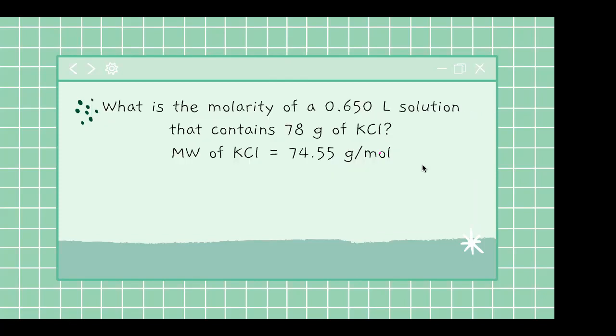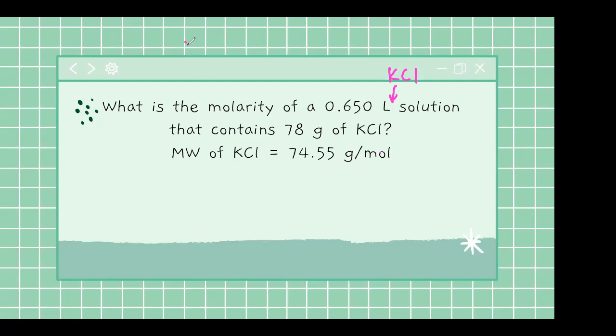So a typical practice problem or typical exam problem that she can give you is, what is the molarity of a 0.650 liter KCl solution that contains 78 grams of KCl? And I've given you the molar weight.